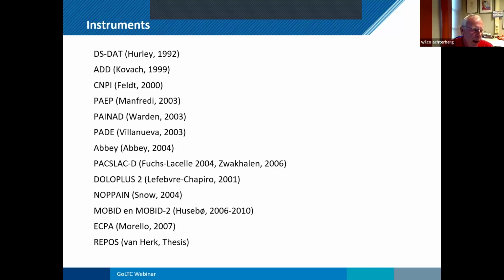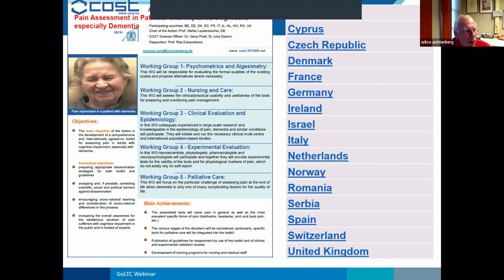And there were also some concerns about parts of all of these instruments. And so in 2011, researchers from all over Europe came together and said, we want to make out of all of these observational pain instruments the best pain instrument.